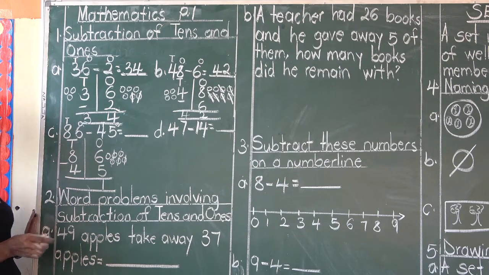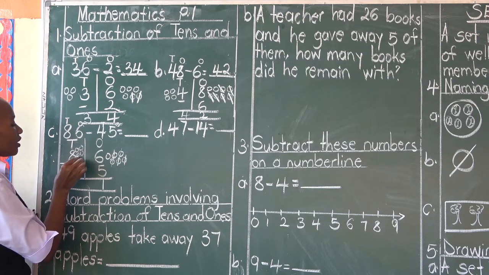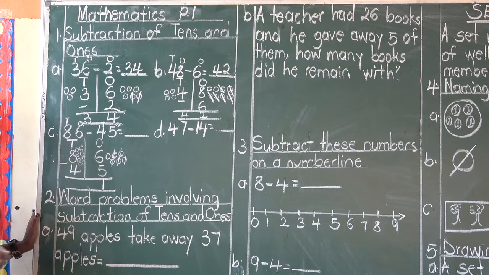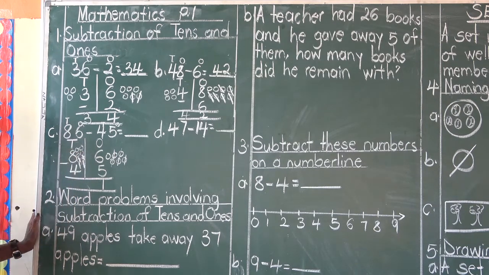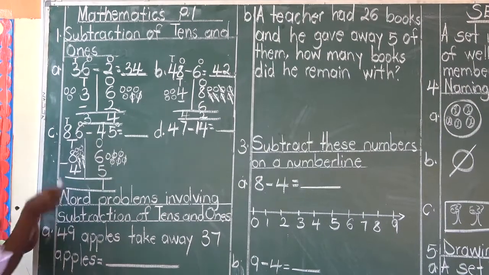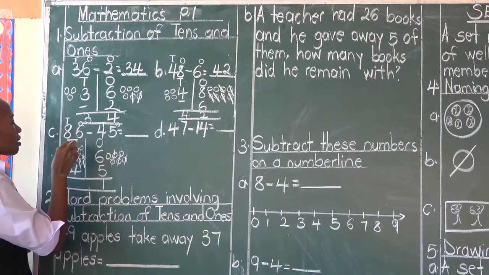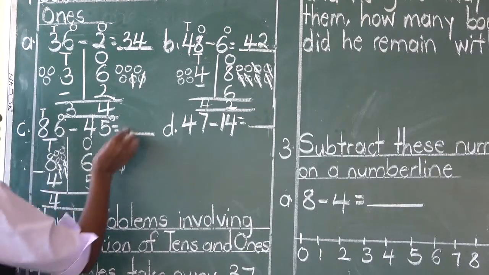We are going to draw 8 balls. 1, 2, 3, 4, 5, 6, 7, 8. After doing the 8, we cross out 4. 1, 2, 3, 4. Now, how many have we remained with? We count the remainder. 1, 2, 3, 4. We've remained with the 4. And our answer is 41.